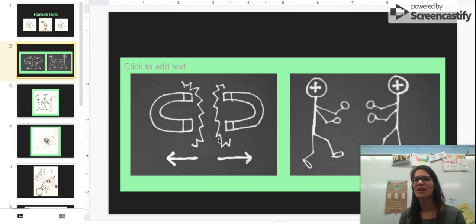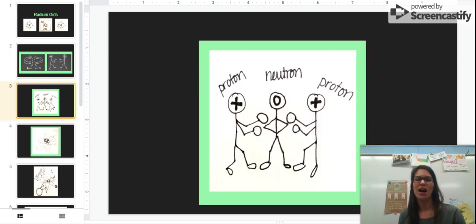And if you have a small atom that only has two protons, this may not seem like a really big deal, but there needs to be a little bit of a buffer. The buffer is the neutron. A neutron has no charge, and it acts as a buffer between the repulsion of the two protons that are fighting in the middle, more or less holding it together. It's the glue that holds the nucleus together.